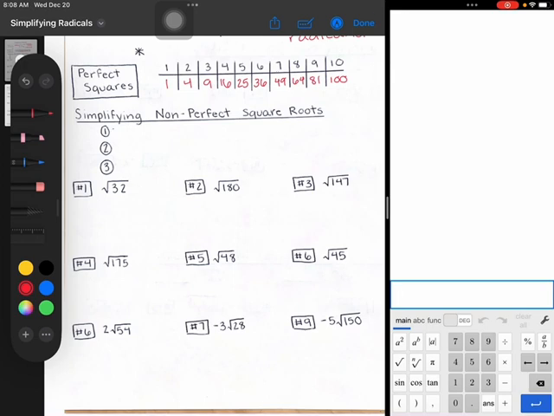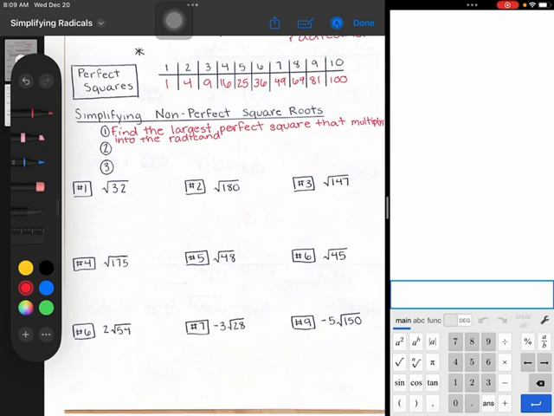So the first step is to find the largest perfect square that multiplies into the radicand. Okay, so that's the first thing.